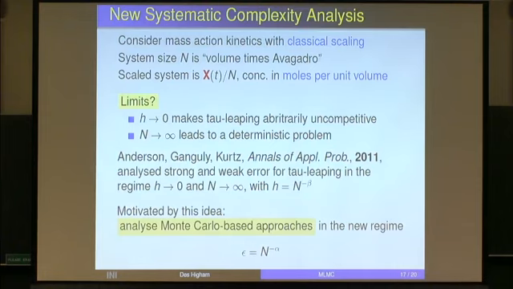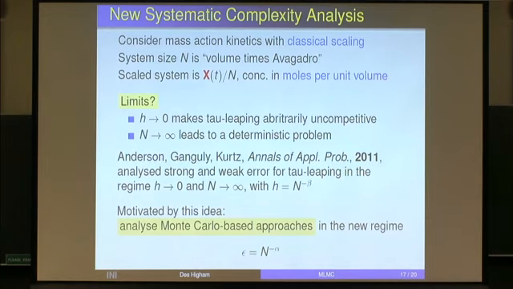The motivation for what I'm going to say comes from this earlier paper, which just looked at tau leaping, where they were fully aware of this issue, and they looked at this coupled limit. So they're looking at strong and weak error in tau leaping in this regime where they let the step size go to 0 and the system size go to infinity.